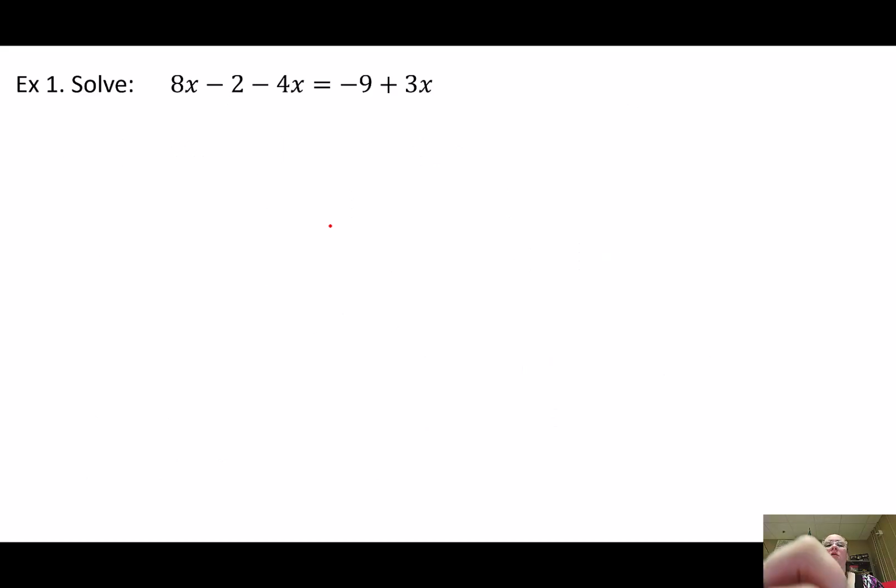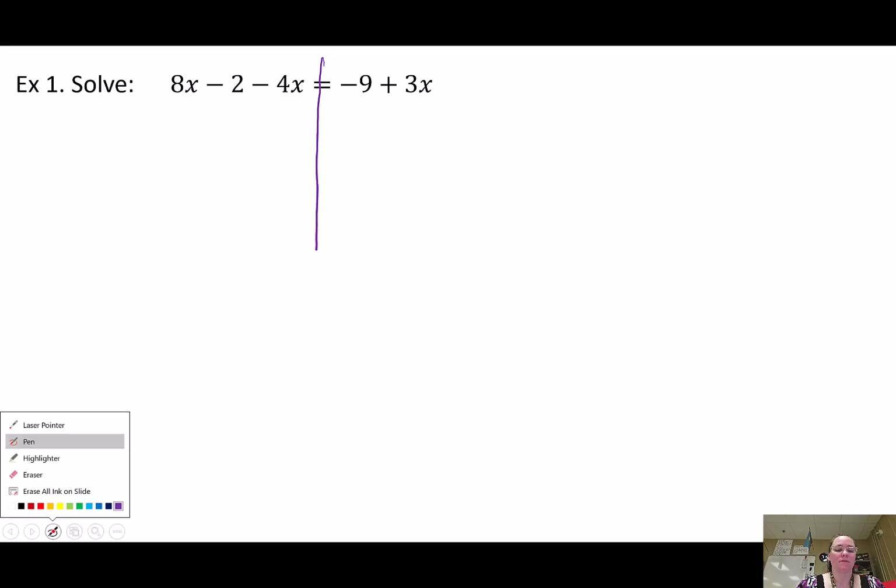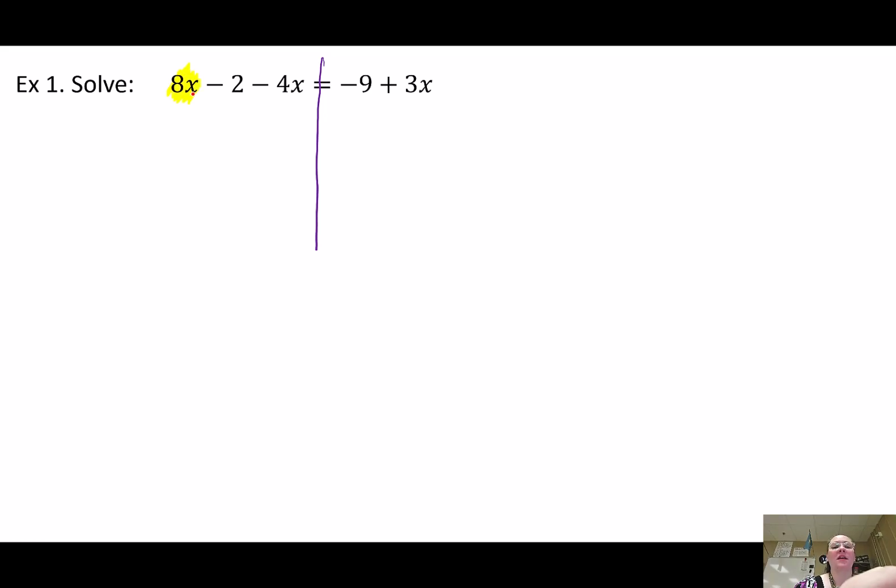All right, so looking at this one, I'm going to look at the left side of my equation, and I notice automatically that I've got 8x and negative 4x, which are like terms. So I can add those two together. 8x plus a negative 4x gives me 4x.